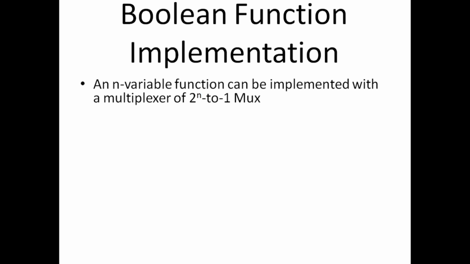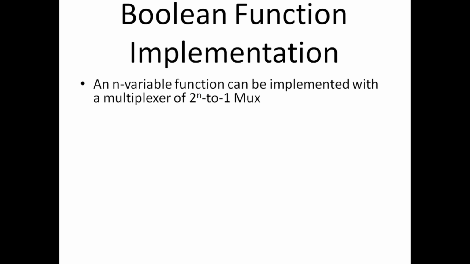So in general, any n variable function can be implemented with a multiplexer of 2 raised to power n to 1 size or organization. So for example, if we have a 3 variable Boolean function, then that 3 variable Boolean function can be implemented with 2 raised to power 3 to 1, that means an 8 by 1 mux.